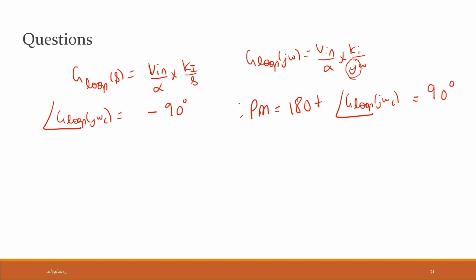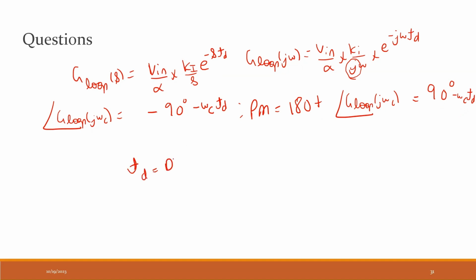But now we added delay. If we add a delay, that becomes e raised to minus s time delay. When you add that, this will become e raised to minus j omega Td. When that is there, the angular contribution will be minus 90 degree minus omega c Td. So my phase margin will then in that case be 90 degree minus omega c Td. And what is my Td?